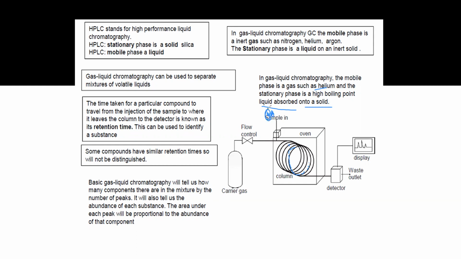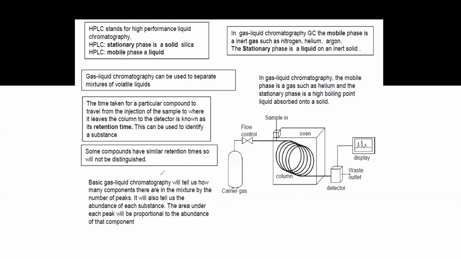If the attraction of A is more than B, we first collect B and then A. The time interval between the collection of one substance and the other is known as the retention time. The mobile phase is an inert gas such as nitrogen, helium, or argon, and the stationary phase is a liquid on an inert solid.